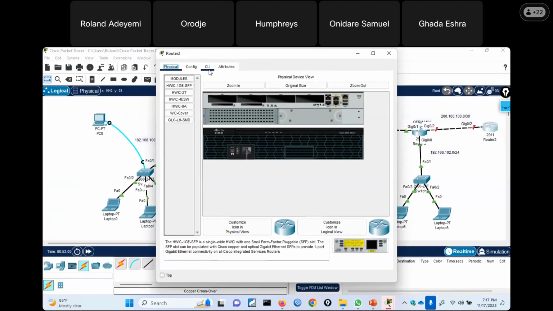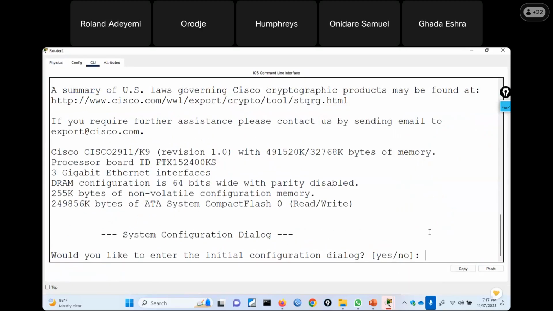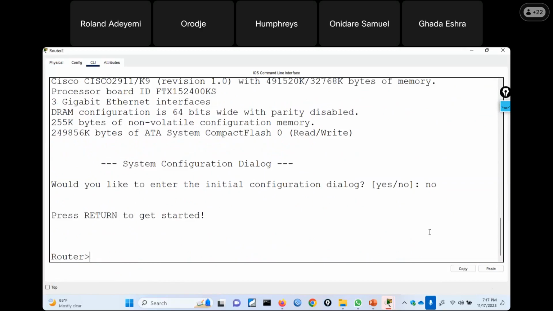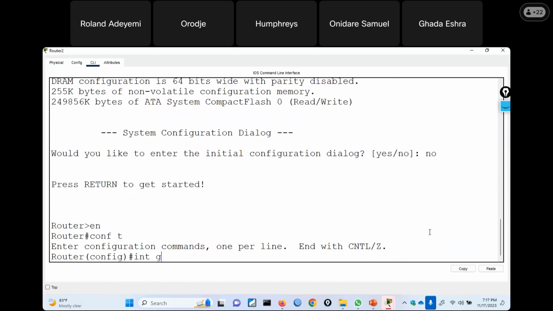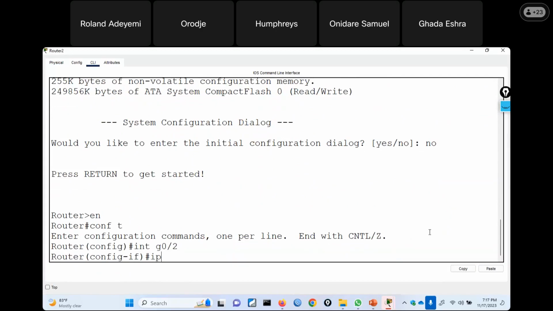I don't have access to the service provider in the real world. So what will happen? They will do their own configuration. They will give you the IP details you need for your own end. You are not going to be able to access their router. They will just tell you what to put on your own router. Sometimes they can tell you to configure your router to pick an IP address automatically. That's when you use the command we worked with, IP address DHCP on the interface, or something.